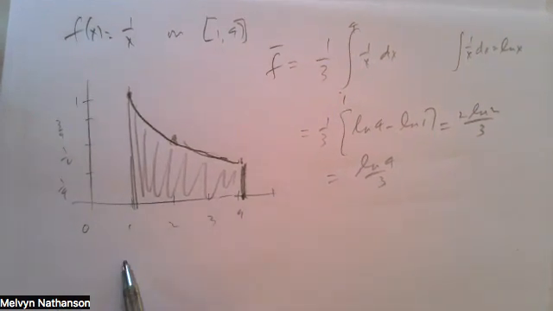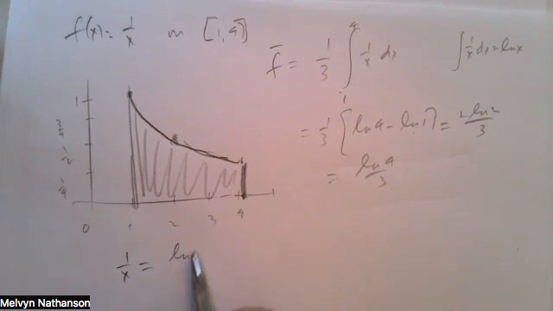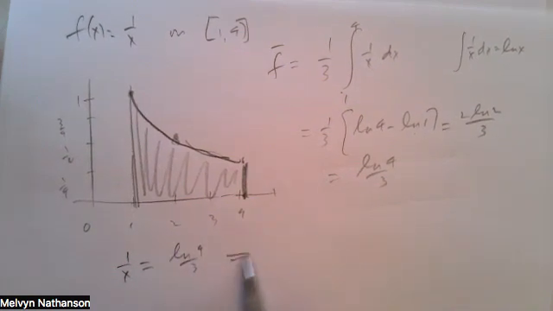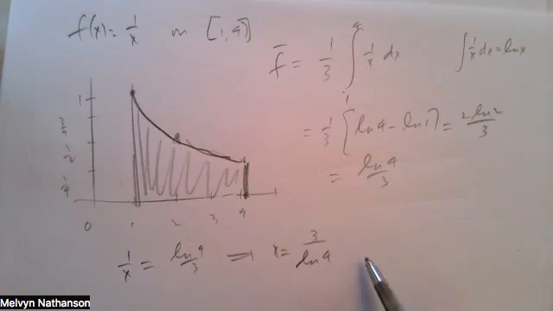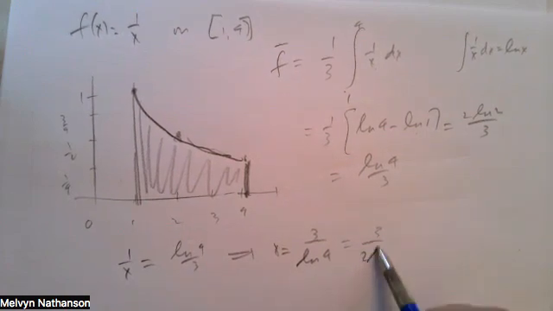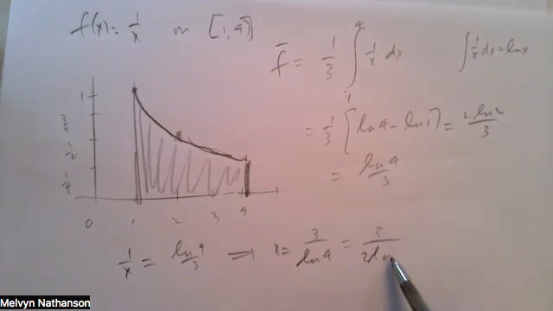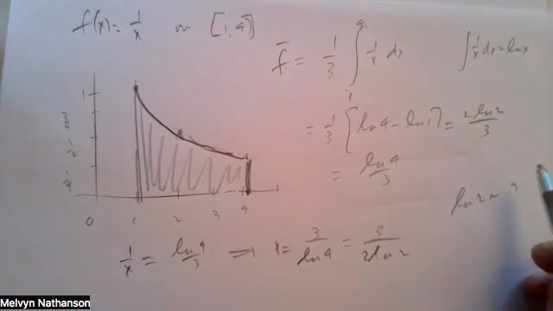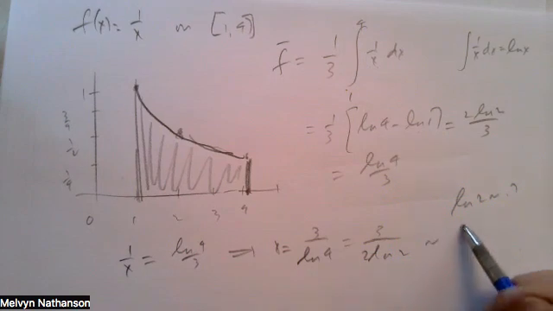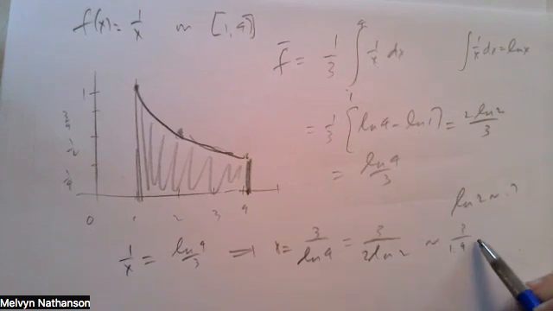So 1 over x is equal to log 4 over 3 if x is equal to 3 over log 4. What is that? Or 3 over 2 log 2. Log 2 is approximately 0.7. So 2 log 2 is approximately 1.4.